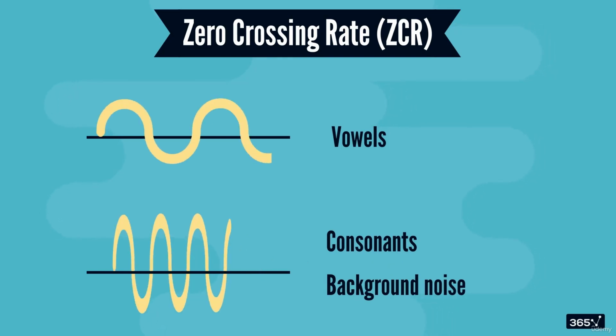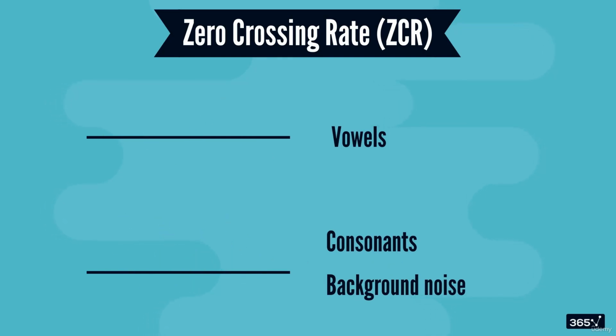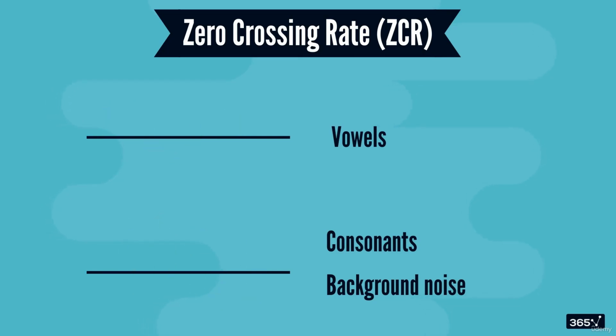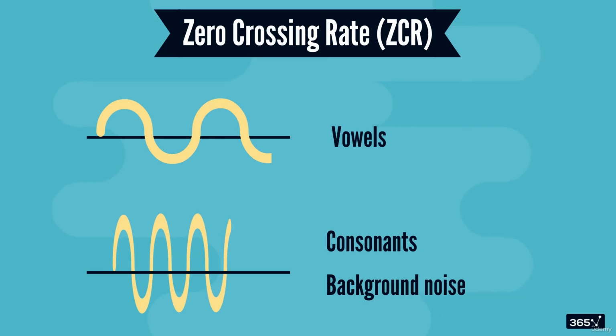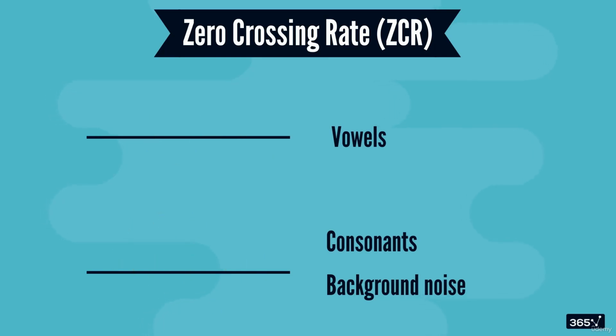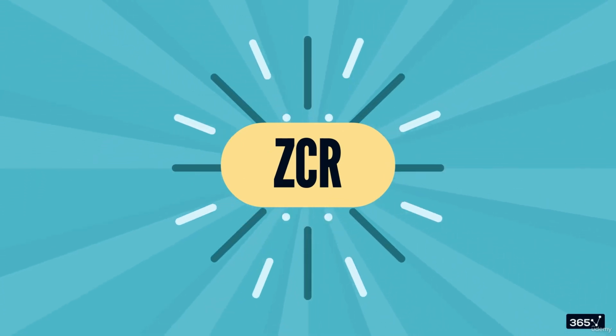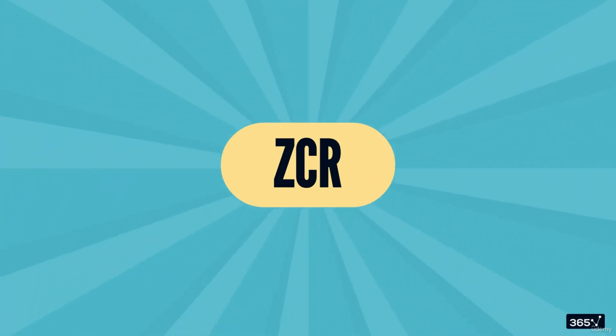Since noise often has a high zero crossing rate, it can be identified and filtered out, helping the system focus on actual speech. By recognizing where speech occurs and breaking it down into smaller units like phonemes or words, ZCR improves the accuracy of speech-to-text conversions.